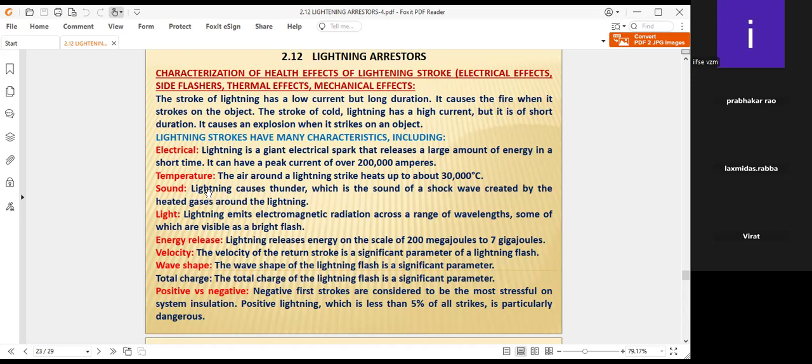With respect to sound, lightning causes thunder, which is the sound of the shock wave created by the heated gases around the lightning.